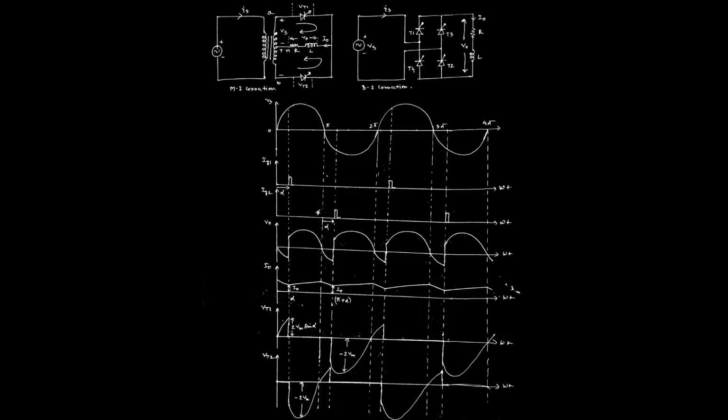That is why the direction of the current remains the same. As well as in case of voltage, when T1 and T2 conduct, the polarity of the load voltage is positive at the top and negative at the bottom. And when T3 and T4 start conducting, in the same way, the upper part will be positive and the lower part will be negative.